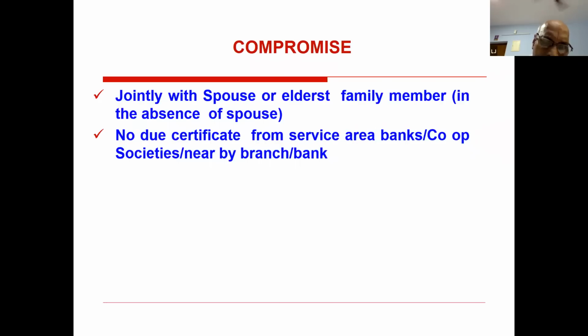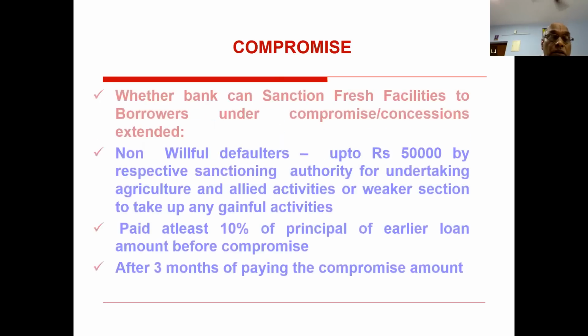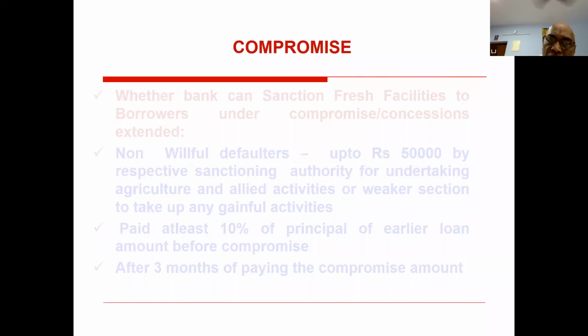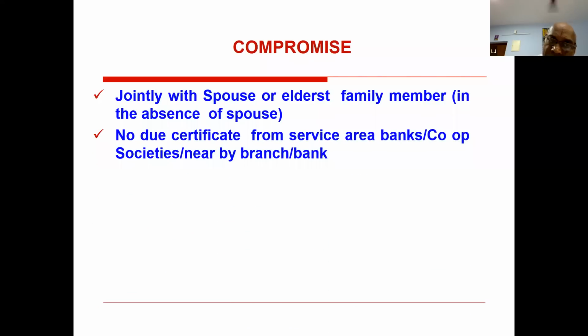Second, after 3 months of paying the compromise amount, and he should be a non-willful defaulter. And the last point is there should be a no due certificate in your records.